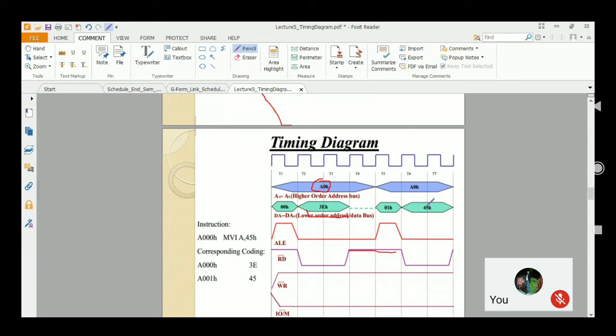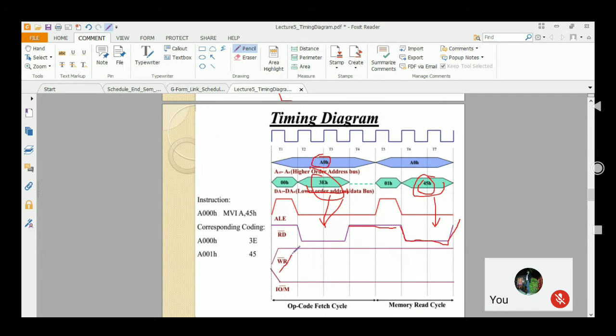But at the reading of this particular instruction 45 from my memory, there is a read operation, so it is low here. So wherever read happens, it will always be low. Wherever we are not performing any operation, it will be high, and wherever we are performing, it will be low. This concept will be understood. And the dotted line represents the decoding phase, so no operation is performed there.